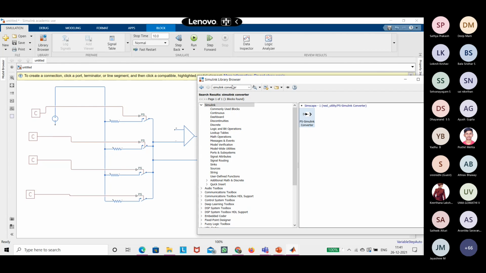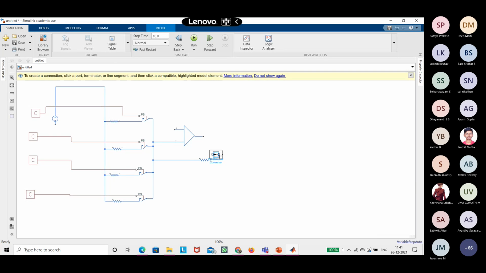Type out Simulink converter and you will get this PS Simulink converter. Okay, we'll separate this out.